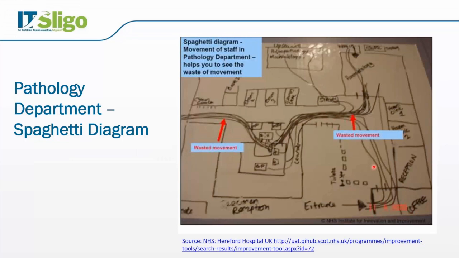You could use different color lines, and then you can go back in and identify the wasted movement. So a very simple tool, and you can use it to make changes in the layout of the department to improve your efficiency. So the whole team should be involved in the development and discussions around drawing the spaghetti diagram. Usually this is done on a big chart in one of your meeting rooms. The staff then can contribute to the exercise and what changes need to be made.